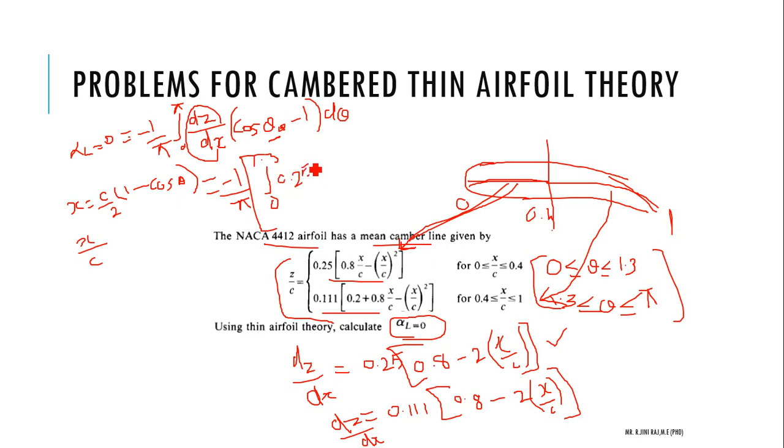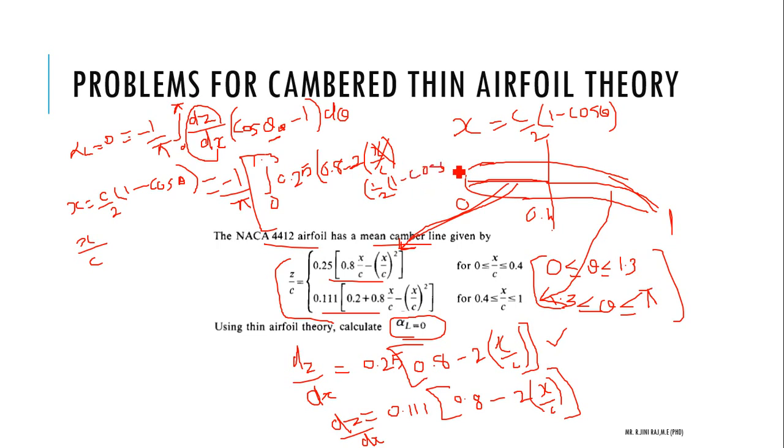0.25 into 0.8 minus 2 into x by c. This x by c also we need to change into theta. We know x equal to c by 2 into 1 minus cos theta, so x by c equals 1 by 2 into 1 minus cos theta.